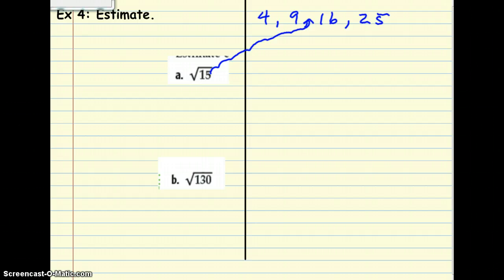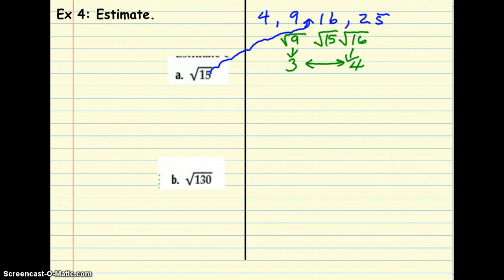Okay, so then I say to myself, well, the square root of 9 is 3, and the square root of 16 is 4. And so because the square root of 15 falls between those two numbers, I know that the square root of 15 has to be between 3 and 4.